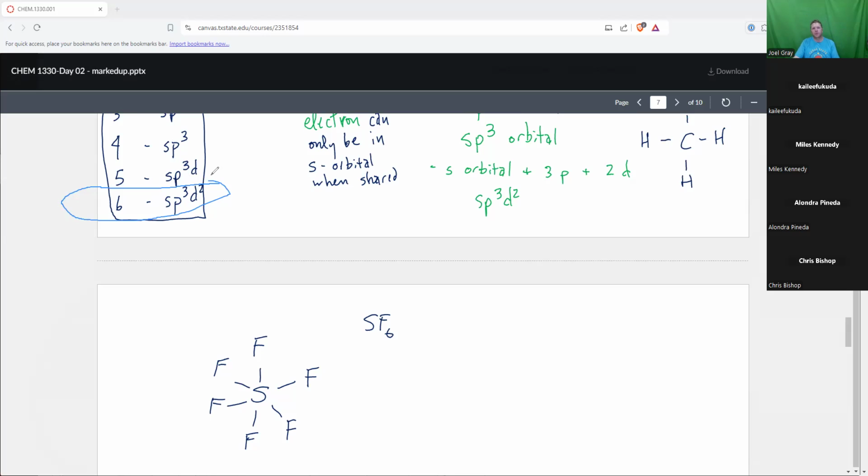If something is bound to 4 things, S, P, P, P, sp3. If there is a central atom that is only bound to, let's say for the sake of simplicity, 2 things. Okay, sp. Done. If it's bound to, well, 5 things, S, P, P, P, D. That's 5 orbitals that I'm combining to make 1, which is why it is sp3d. All right.